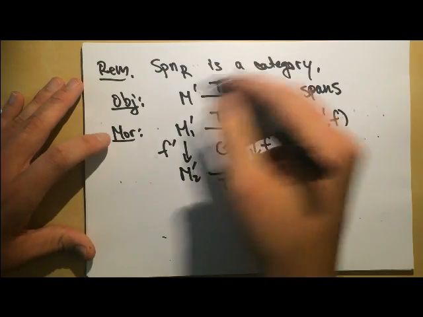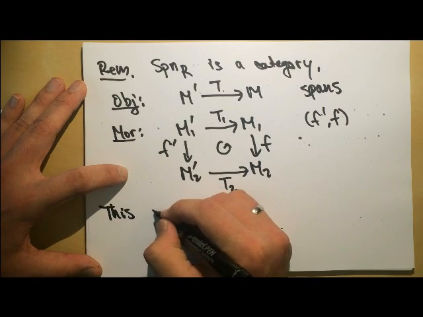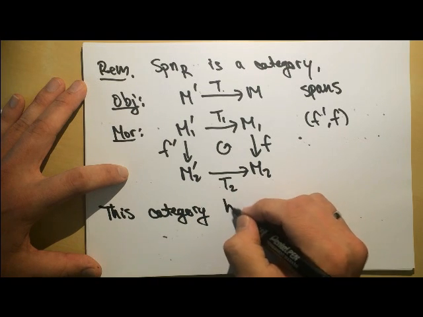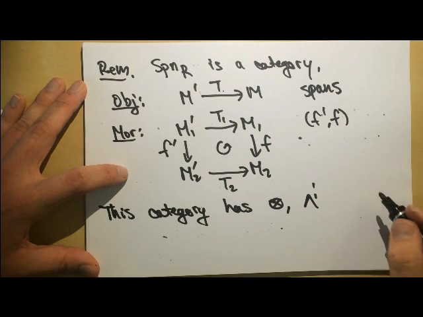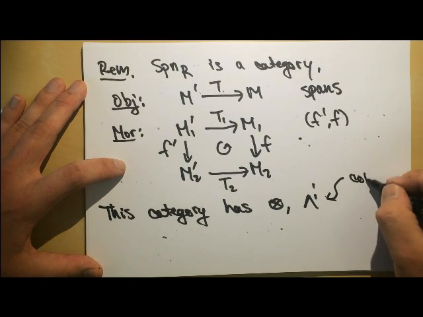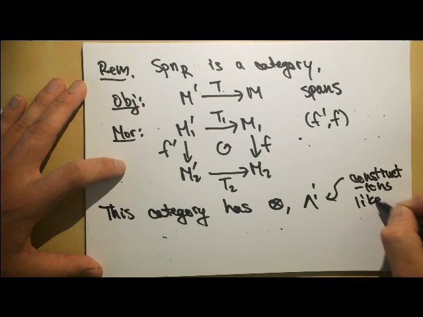Okay, so this is going to form a category. This category has tensor products and wedge products, and all constructions like this.